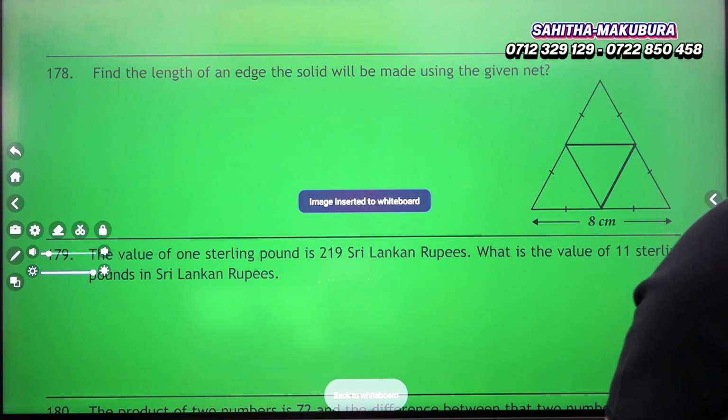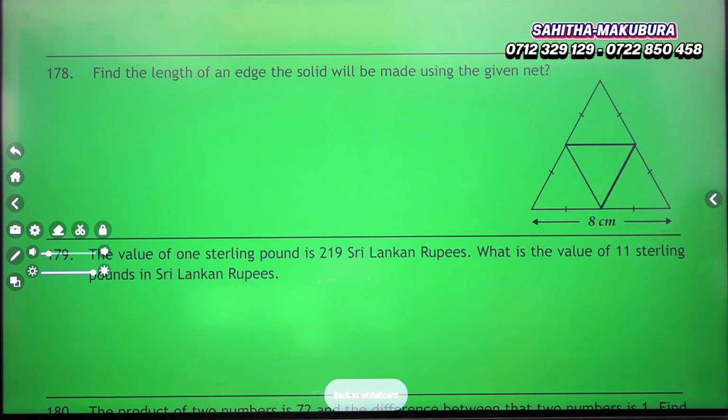Right. Read this question, will you? Find the length of an edge of the solid that will be made using the given net. So what is the solid we can make out of this net?